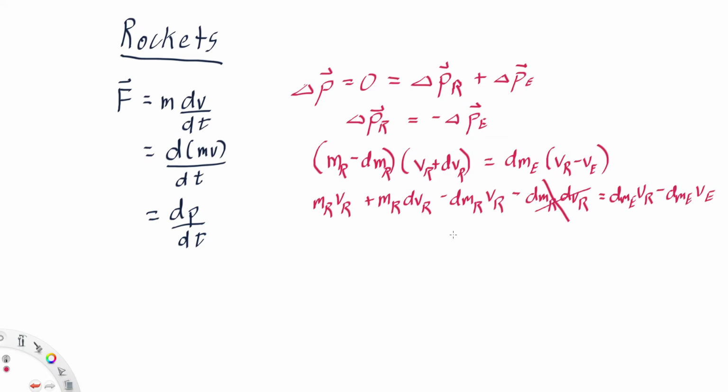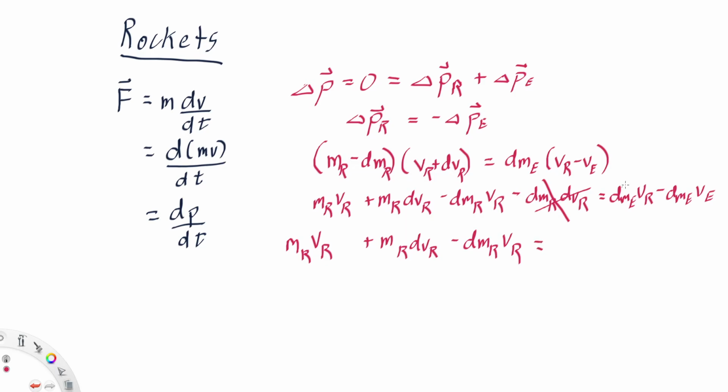So let's do some collection. The very first term is m_r v_r. That was the old momentum of the rocket, plus m_r dv_r, minus dm_r v_r.